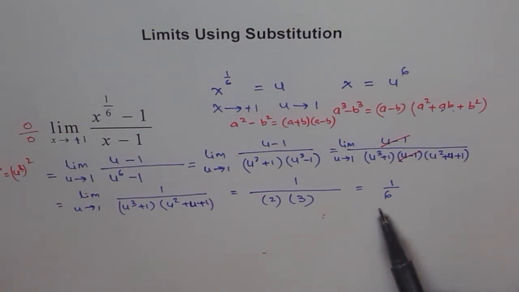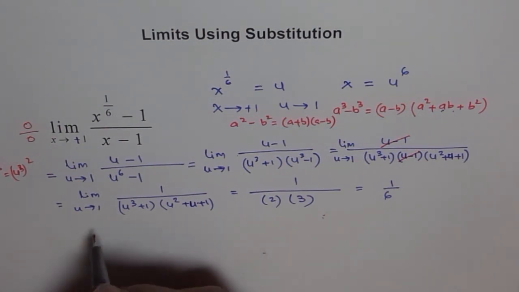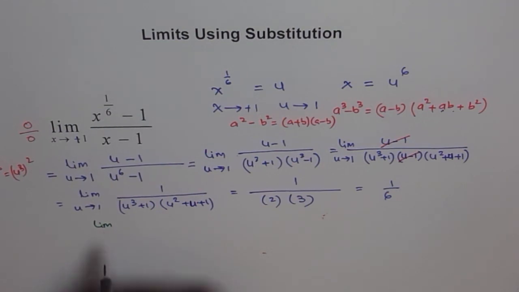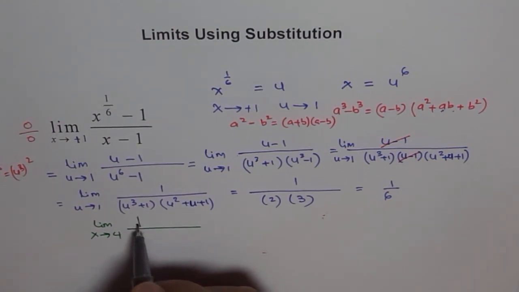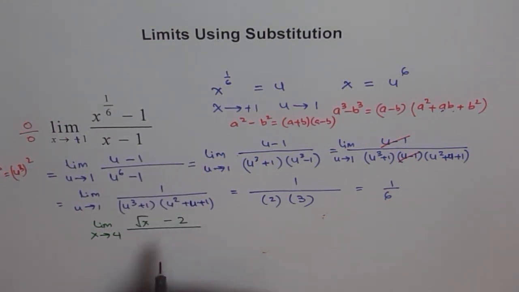So you can try a few questions. Let me give you one here. You can substitute and get the answer for this one. Let's say we have a question saying limit x approaches 4 for square root x minus 2 over x cube root minus 8.